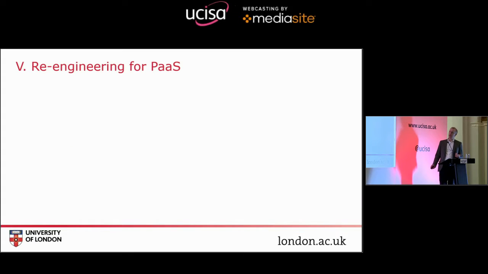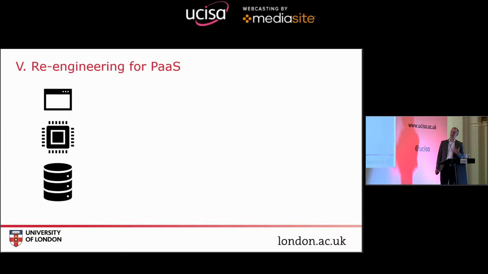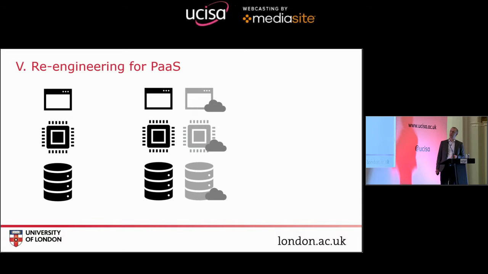And then we've also got the ability to re-engineer services to take advantage of more of a platform-as-a-service approach where you can adopt different components. So we might have front-end components, compute components, data components. And we might again be using cloud offerings in order to extend some of those capacities, maybe at start of session or clearing, when we need extra capacity, and we can start making use of platform-as-a-service components to do that.